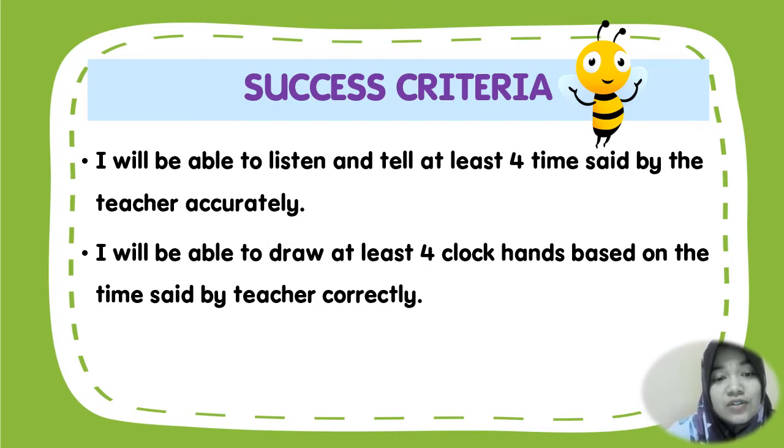Firstly, you are going to be able to listen and tell at least 4 times, which is said by the teacher accurately. Secondly, you will be able to draw at least 4 clock hands based on the time said by your teacher.